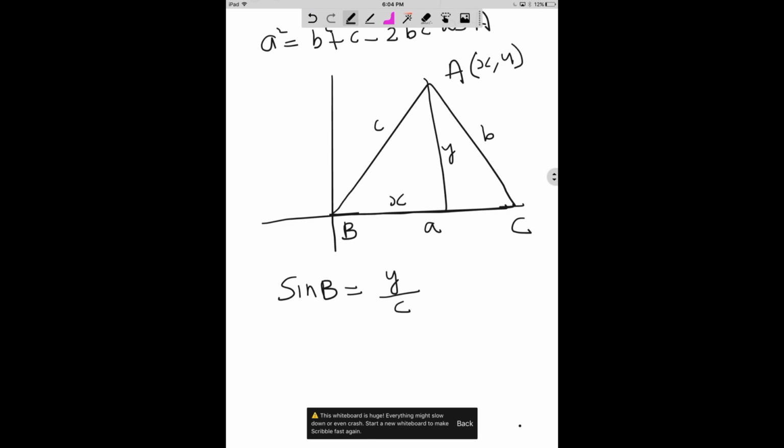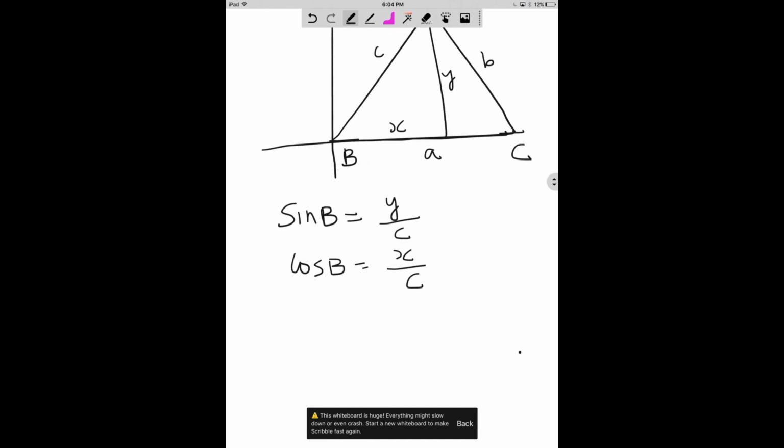So y is equal to c sine B. And cos B is adjacent side by hypotenuse, x by c. So x is equal to c cos B.